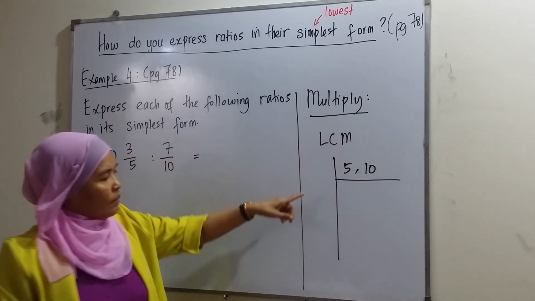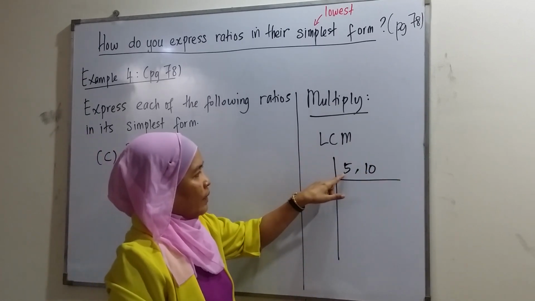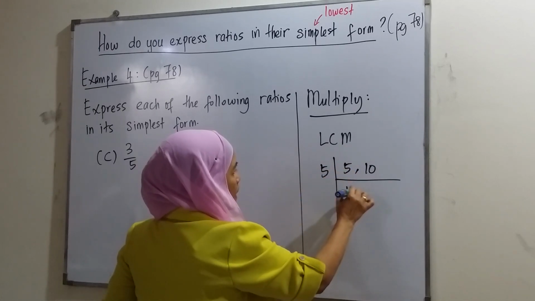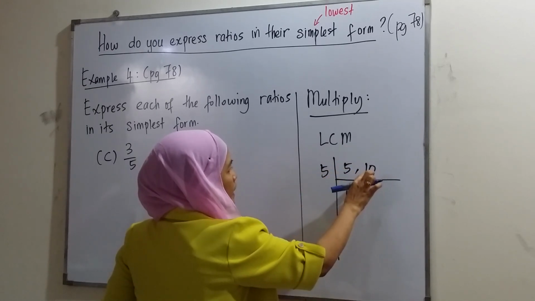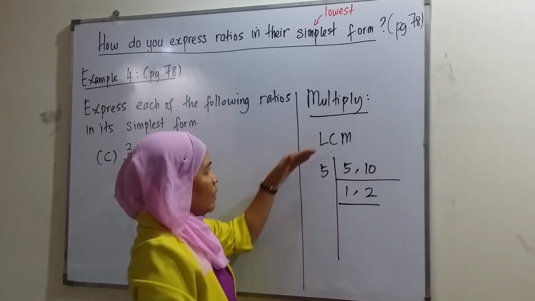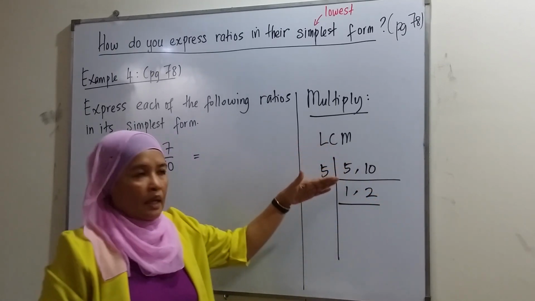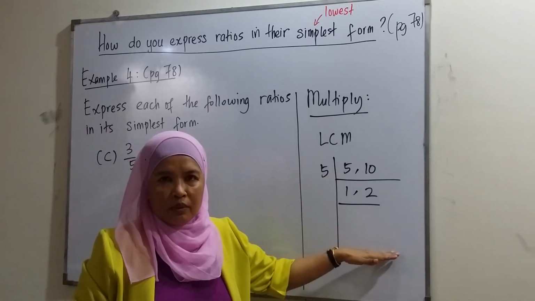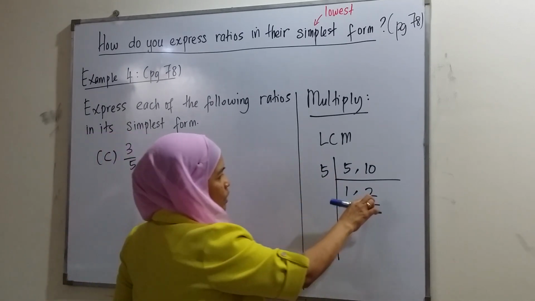Okay, so this one 5. We divide by 5. 5 divided by 5 is 1, and 5 is a prime number. 10 divided by 5 is 2. For the lowest common multiple, the numbers should all be 1. So this is 2.